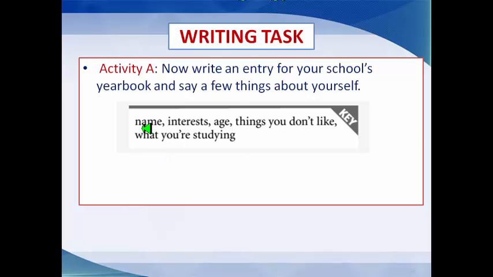You can talk about your name, interests, age, things you don't like, what you're studying. Please try to write an entry using these key ideas. Okay, you can use all of them or some of them. It's up to you.